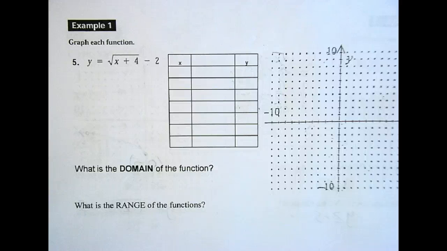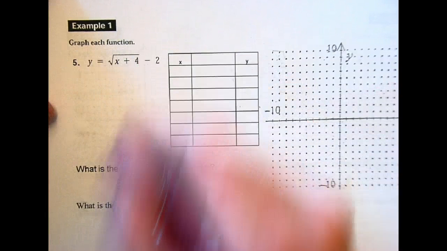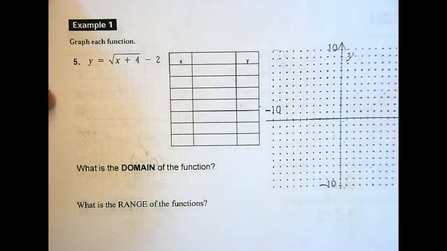What do you think it is? Teddy, what do you got? 0, -2. It's not 0. Ashley?